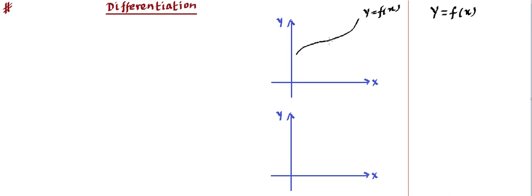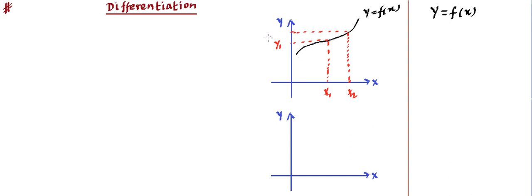Let's say there is a point x1. If we place this x1 over here, then you go towards this, you get the value of y, or you can call it y1. Then we can take another point on the x-axis, let's call this x2, and if we go straight up, then wherever we meet the graph, we go horizontally.